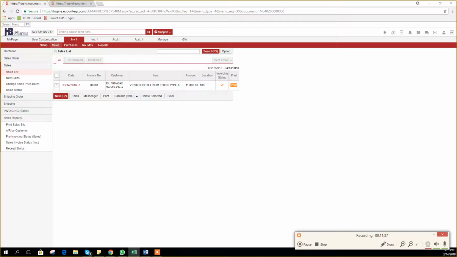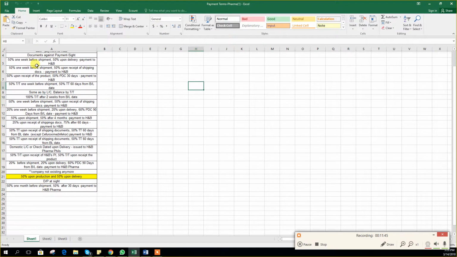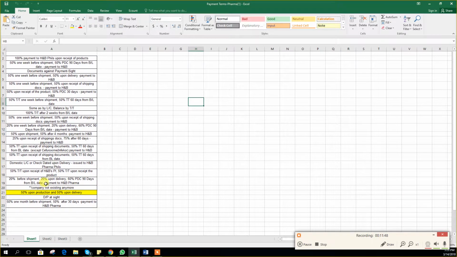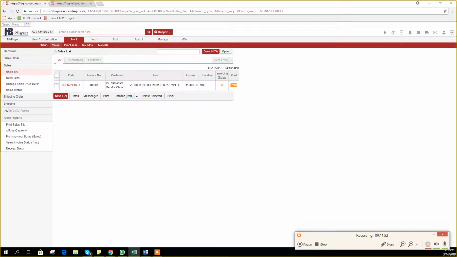So now, how do we deal with this? Right? So this thing all is receivables, right? Yes. All right. So this is all receivables.